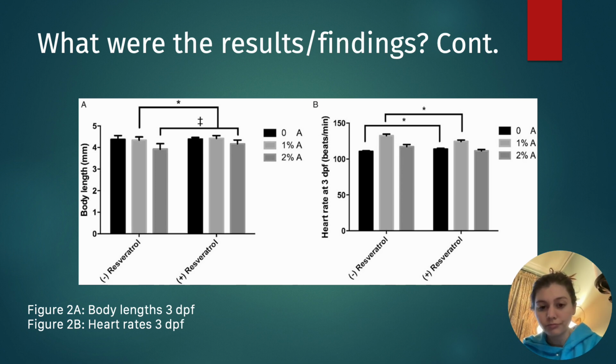So for figure 2B heart rate, we're led to believe that the resveratrol wasn't capable of improving heart rate in the 2% group because of the severity of the heart malformation at that point.